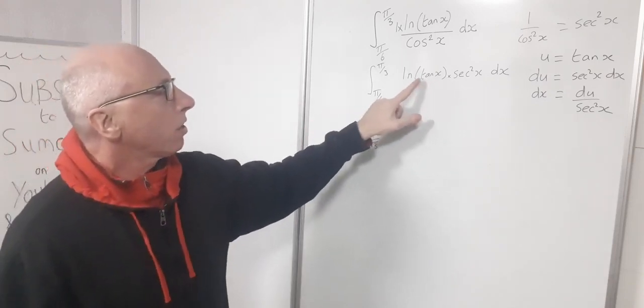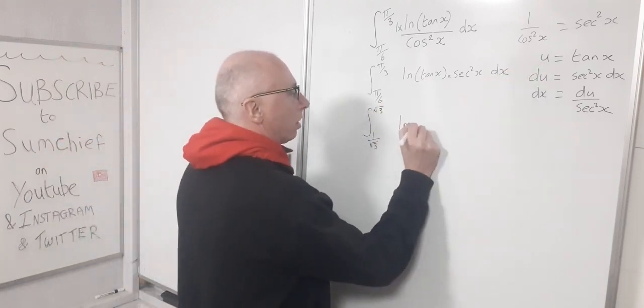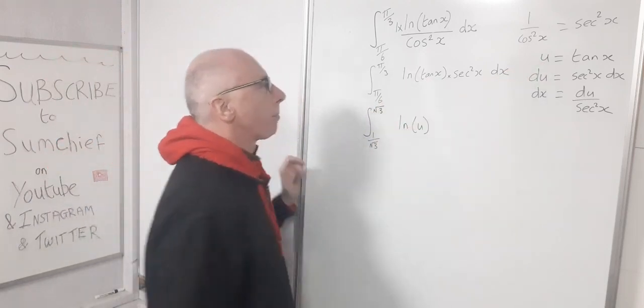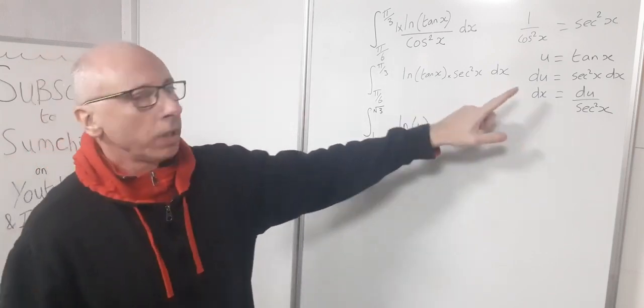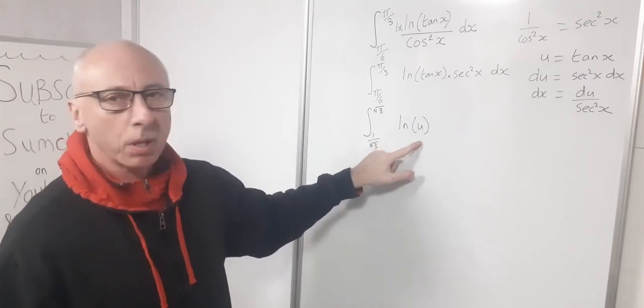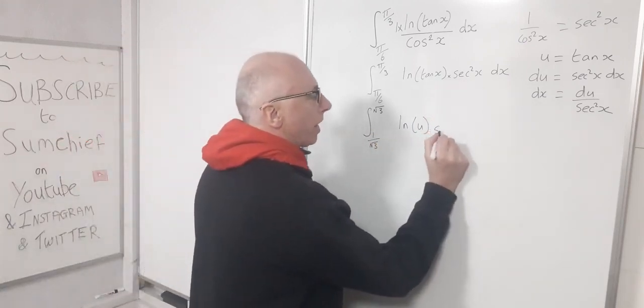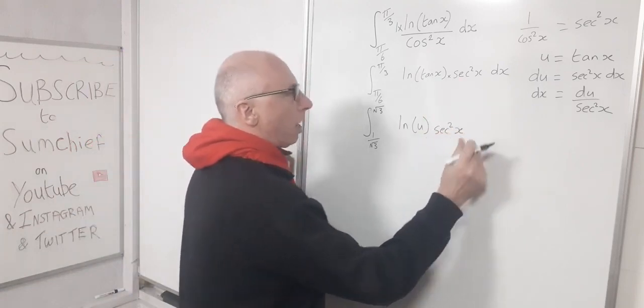And then log of tangent of x is just log of u. So I'll put that in a bracket. And we don't need the absolute value because over these parameters we know it's going to be positive, so that's fine. And then secant squared of x, I'm just going to put that in there now just to show our cancellation.